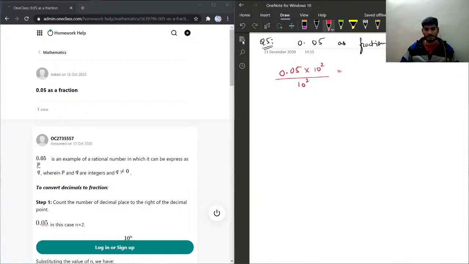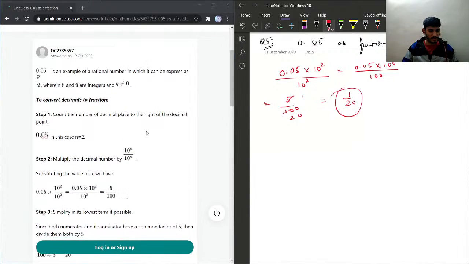So this will become 0.05 into 100 over 100, and this will become 5 over 100. So 5 over 100 can be written as 1 over 20.